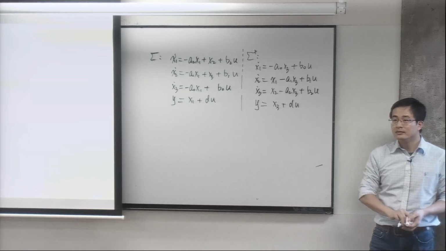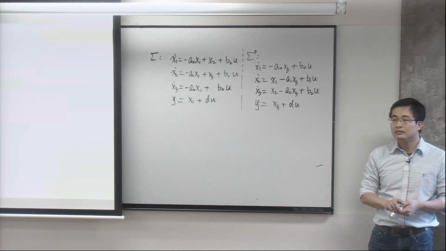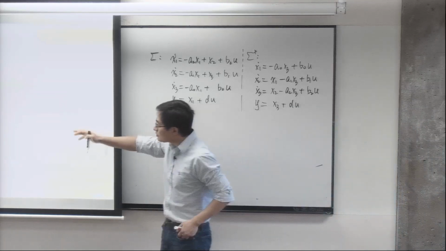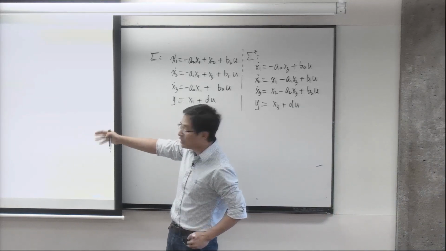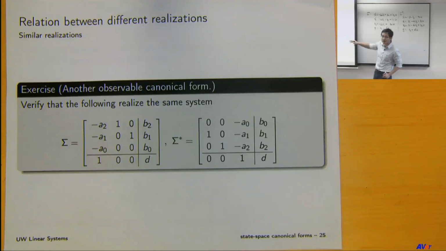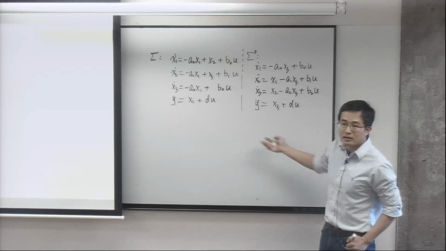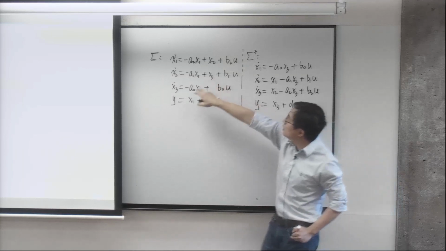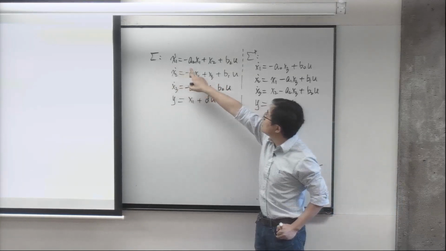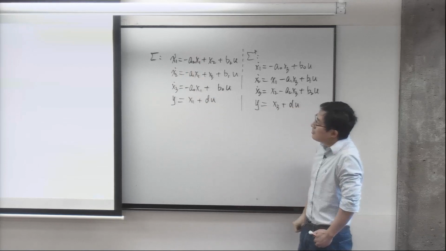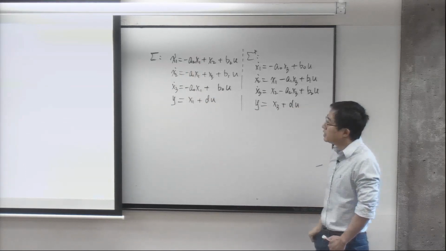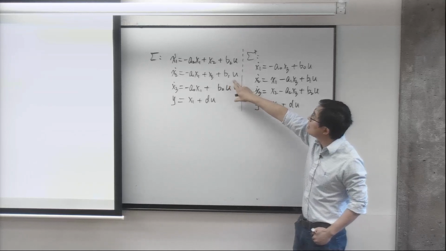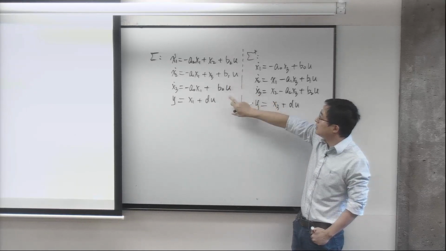Yes? You just switch the order of x1 and x3. All right. So it is not so clear from the ABCD matrices directly, but if you write out actual system equations, you can see this is for the first system. So x1 dot equals negative a2x1 plus x2 plus b2 times u, and x2 dot is negative a x1 plus x3 plus b2u, so on and so forth.